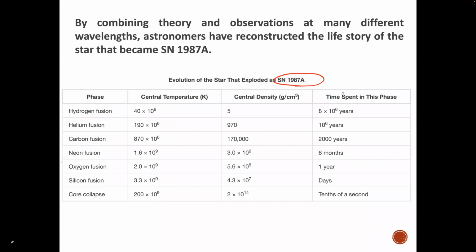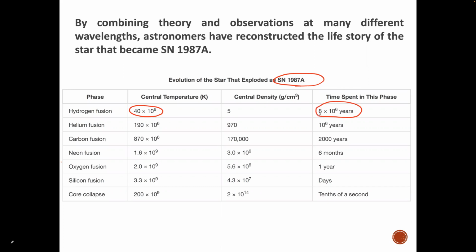The details are, in the hydrogen fusion stage, it had a central temperature of 40 times 10 to the power 6 Kelvin, and the time spent in this stage is 8 times 10 to the power 6 years, right?